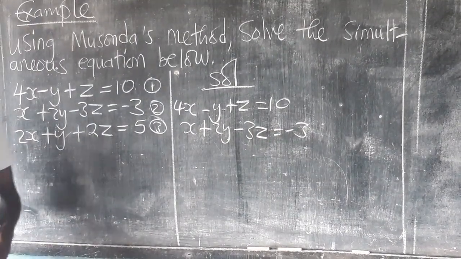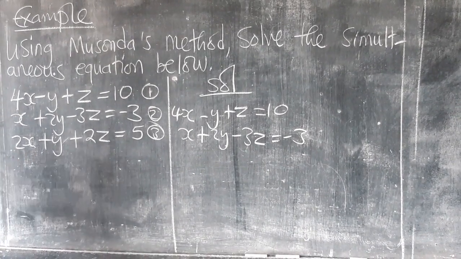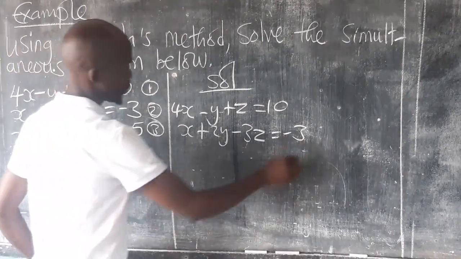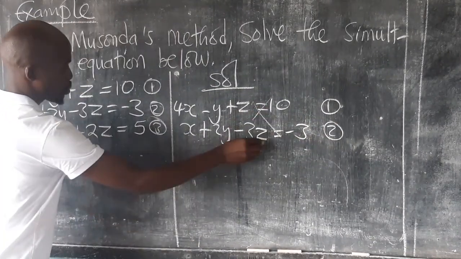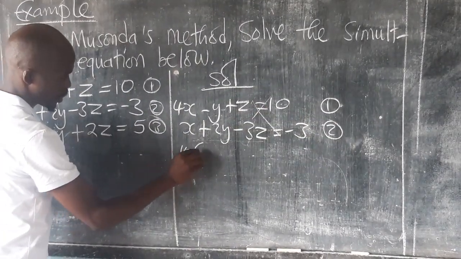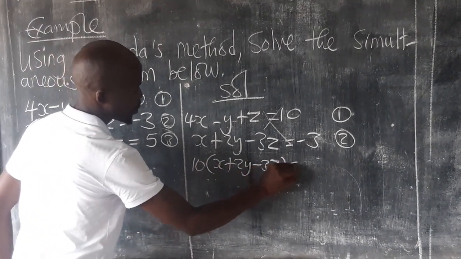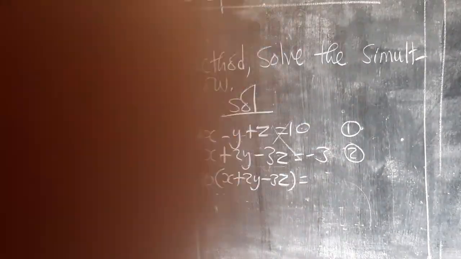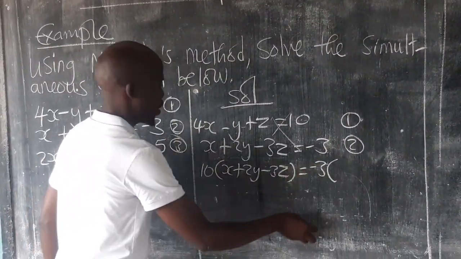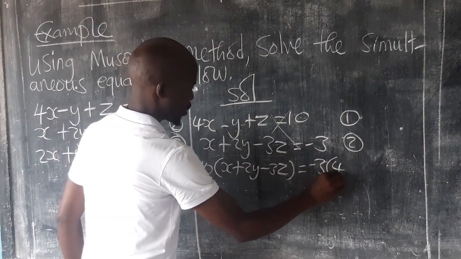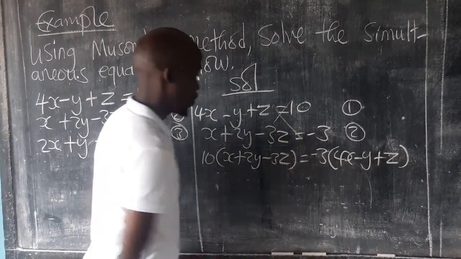As usual, like we did for simultaneous equations in 2 variables, I'm going to cross multiply these 2 equations. 10 will multiply with this, positive 10x plus 2y minus 3z, equals negative 3 will multiply with the other part here. That will be negative 3, then I have 4x minus y plus z.